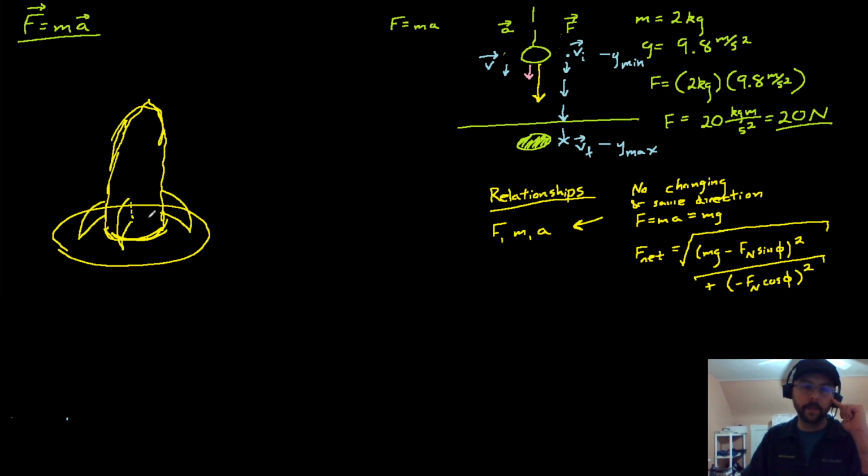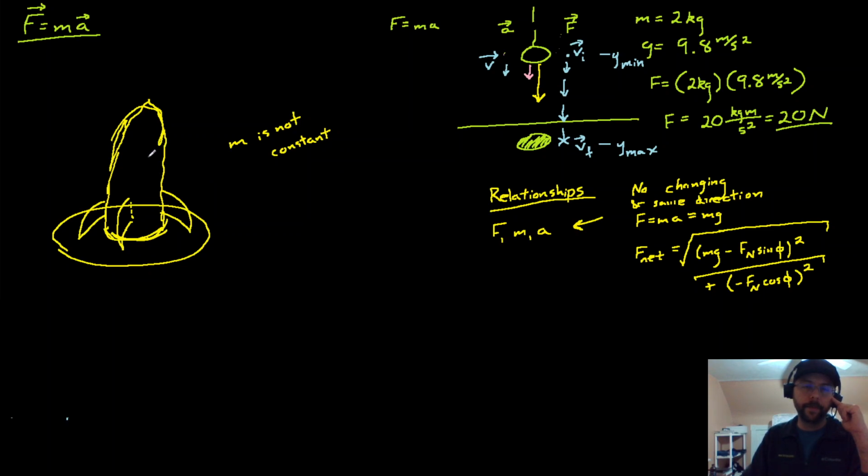The rocket has fuel in it, right? So the mass of the rocket is not constant, because I think a lot of a rocket's weight is from its fuel.